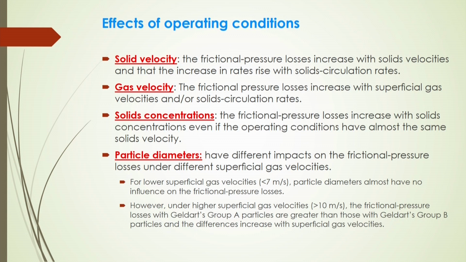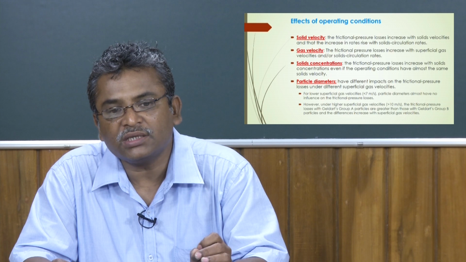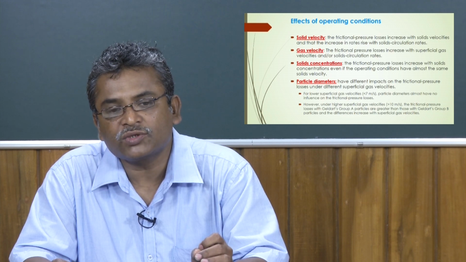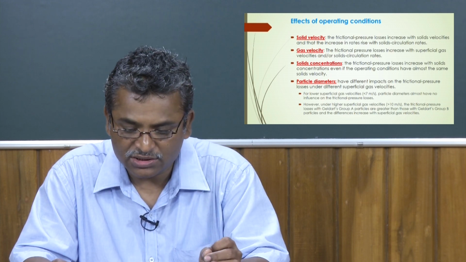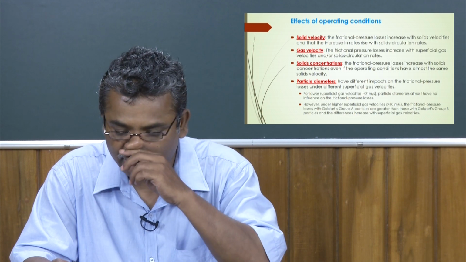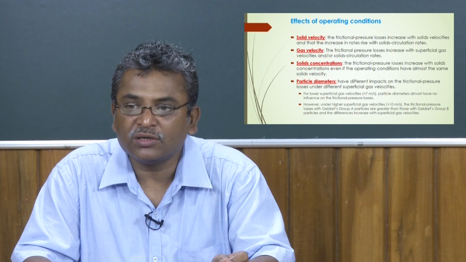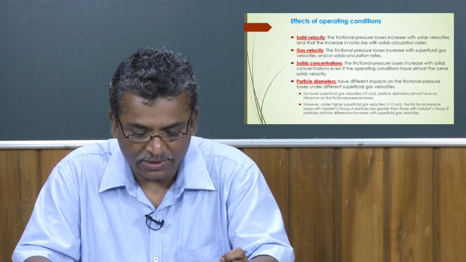Solid concentration: of course, the frictional pressure drop increases with solid concentration. If you increase the solid concentration for finer particles, then viscosity increases, and in that case frictional pressure drop increases because of the increase of viscosity inside the bed.